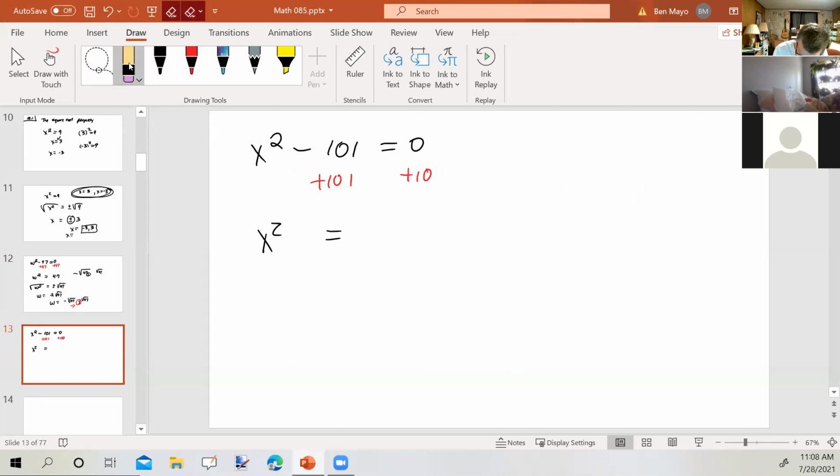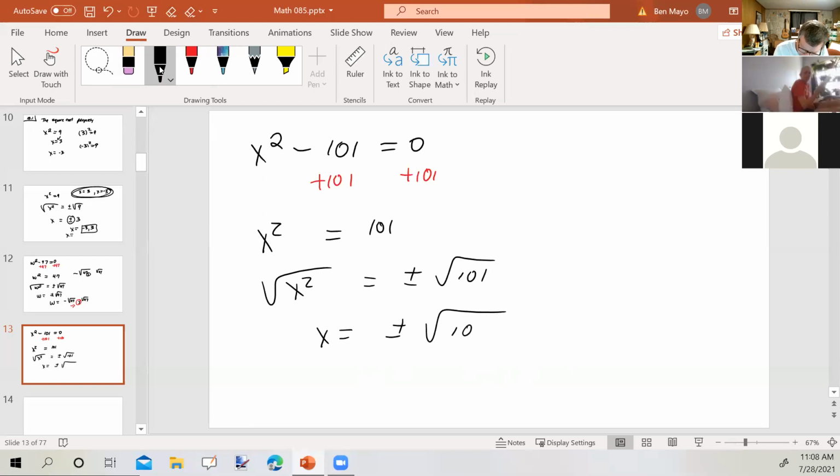Then we're going to take the square root of both sides of the equation. 101 does not contain any perfect squares. So basically, x equals negative the square root of 101, comma, the square root of 101.